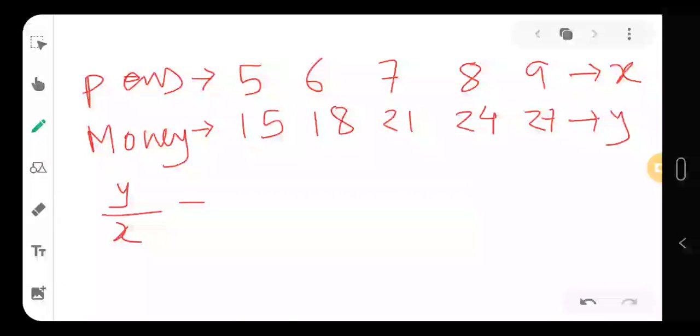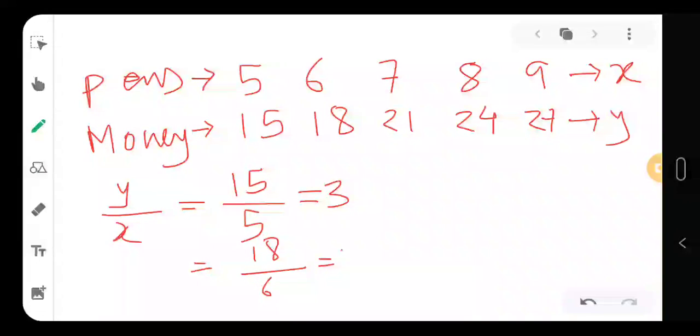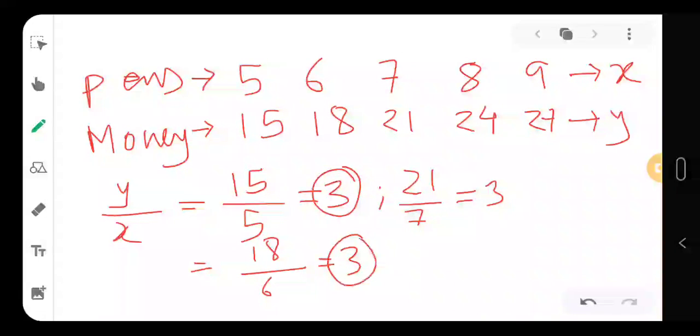So you can see that either this is 15 by 5, I'm getting 3, or this is 18 by 6, I'm getting 3, or it is 21 by 7, even I'm getting 3. So you can see that the ratio of money to the number of pens is always the same, and that is 3.